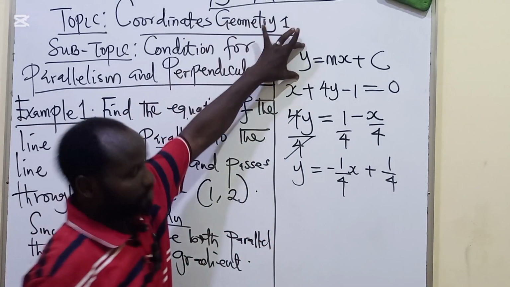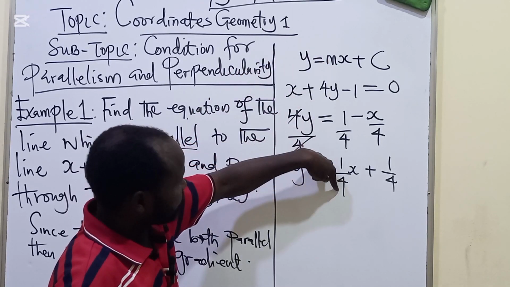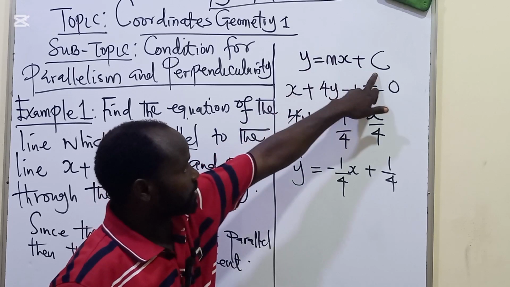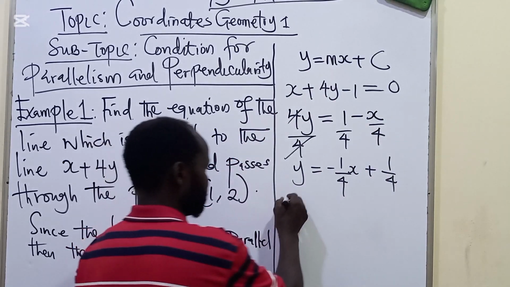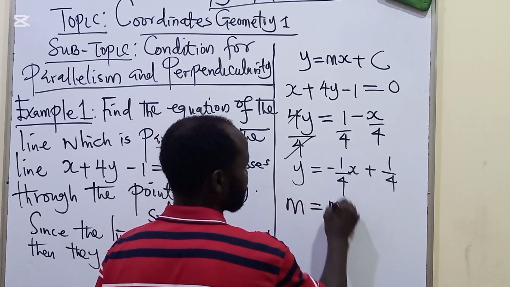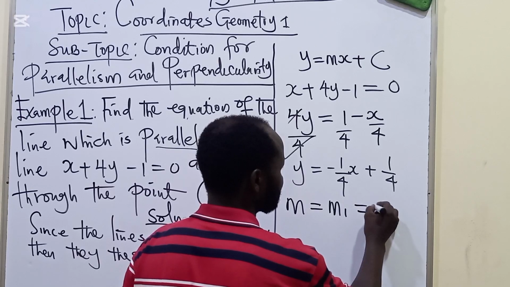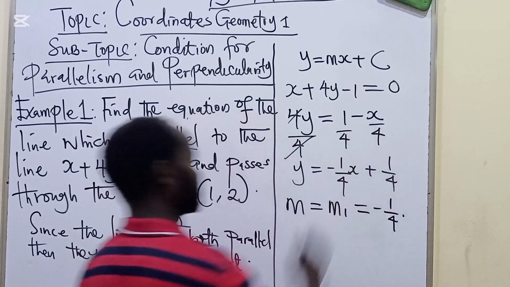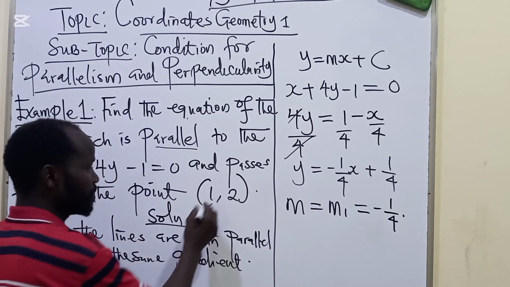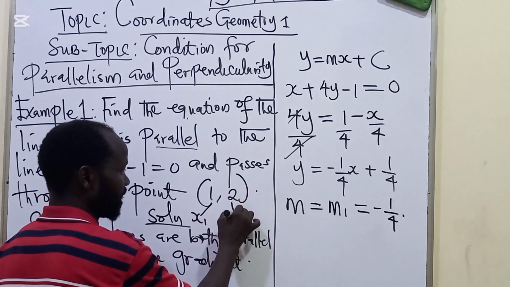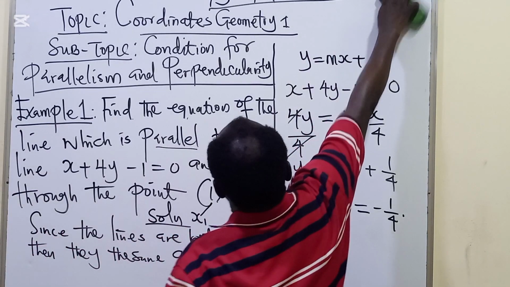If we compare this with the intercept form, y to y, m is minus 1 over 4, then x to x, the intercept c is 1 over 4. So m, which is the same thing as m1, since they both have the same slope, will be equal to minus 1 over 4. Very important concept. And again, from the question, we have our x1 and y1.